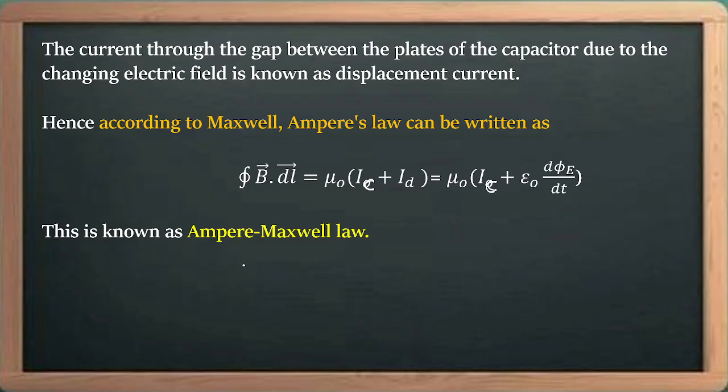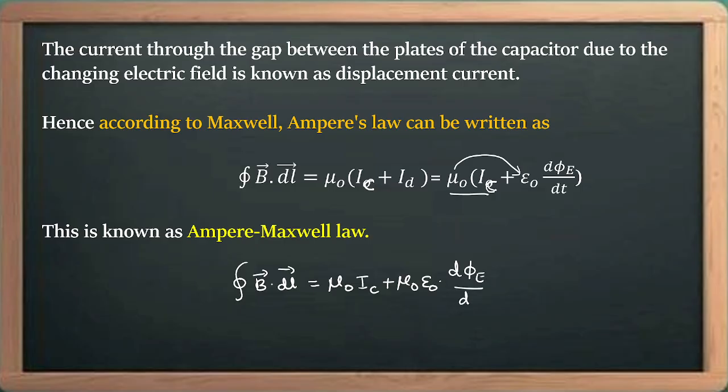If you split this, you get B dot dl equal to mu naught, the absolute permeability, multiplied with IC, plus mu naught epsilon naught d phi e by dt.